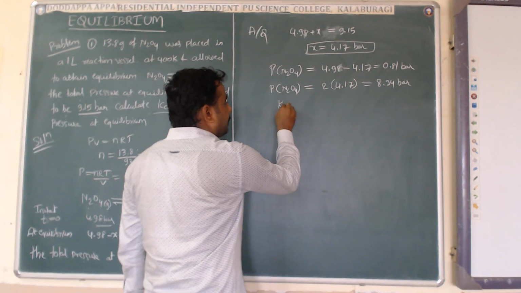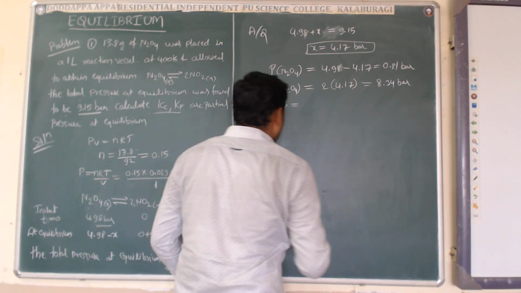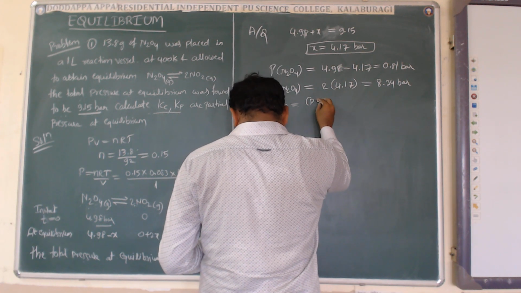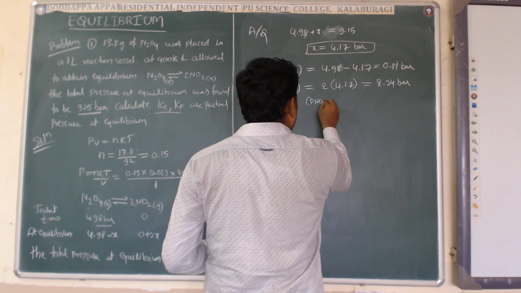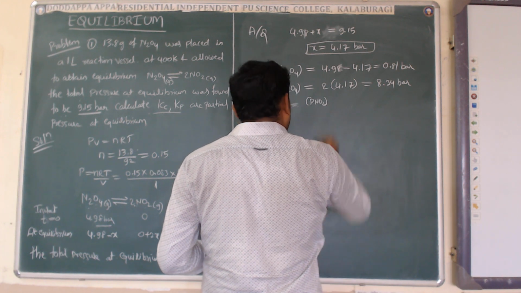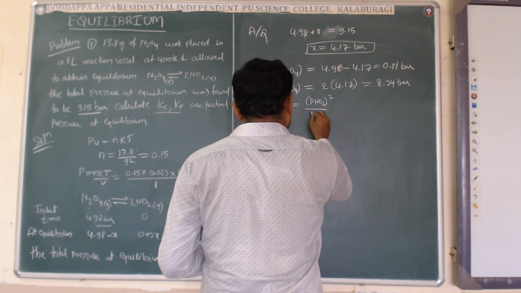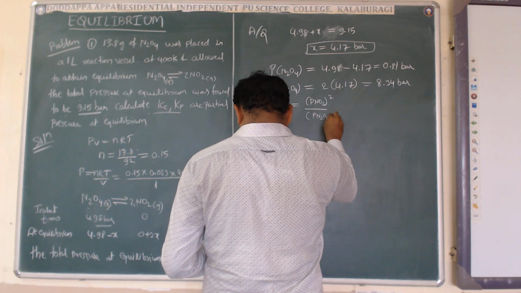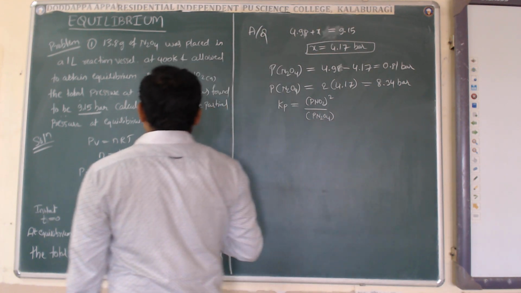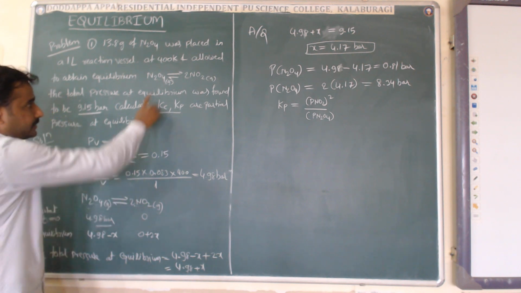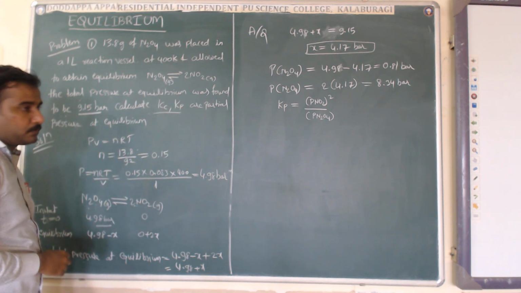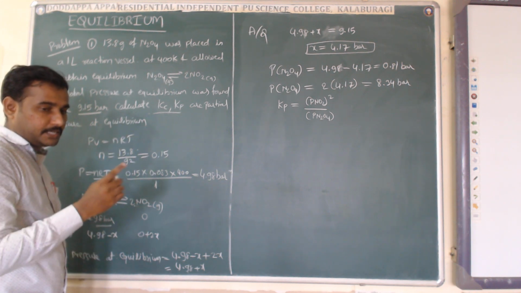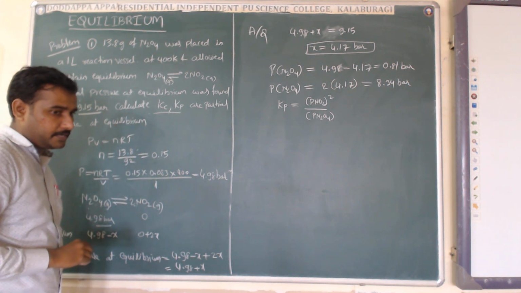Kp is equal to P of NO2 raised to the power 2 divided by P of N2O4. By seeing this reaction, you can write the Kp value. It is the ratio of product divided by reactant.